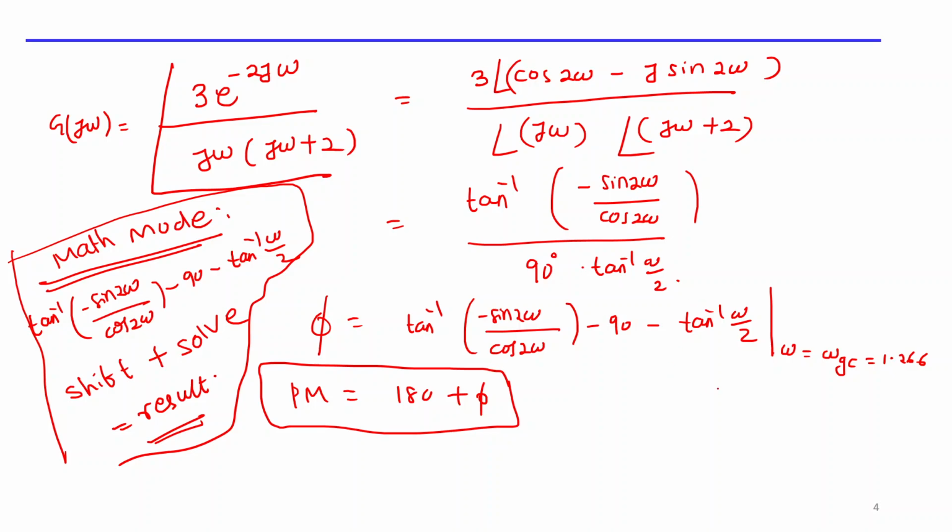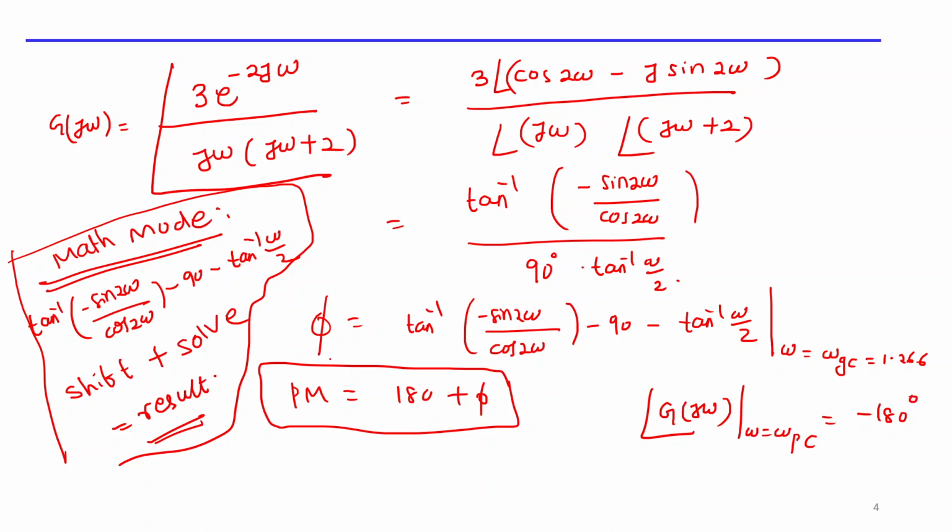Also, if you want to find omega pc, omega pc is called the phase crossover frequency. Phase crossover is the frequency at which the phase angle is minus 180 degree. Phase crossover frequency is defined as where the phase of the transfer function, g of j omega angle, at omega equal to omega pc, should be equal to minus 180 degree.